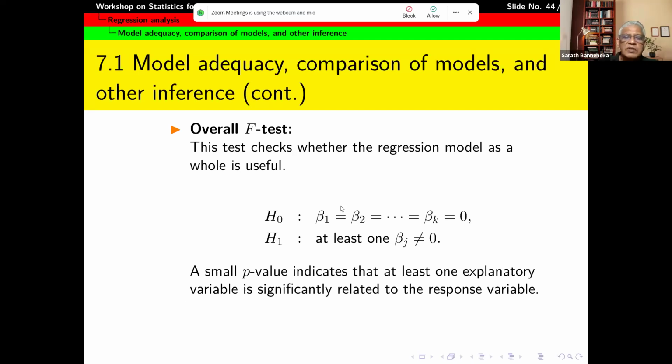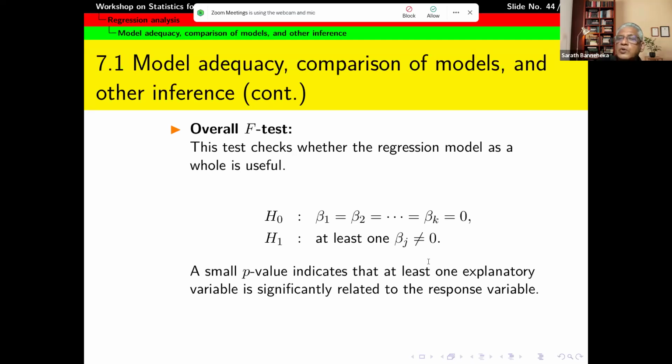So in this case, we are testing whether the coefficients of x1, x2, x3, up to, suppose you are considering k variables, then we are checking simultaneously whether all of those coefficients corresponding to the x variables are zero, versus at least one of those betas is not equal to zero, right? So why is this hypothesis important?